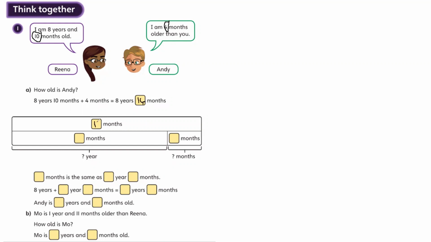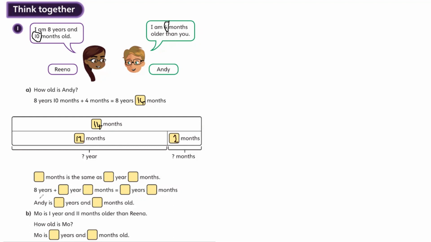Excuse my writing, I'm trying to write with a mouse, which is very interesting. And we now know, right, use one of our conversion facts. So one of our conversion facts is there's 12 months in 1 year. So I'm going to split this into 12 months here and then 2 months here.